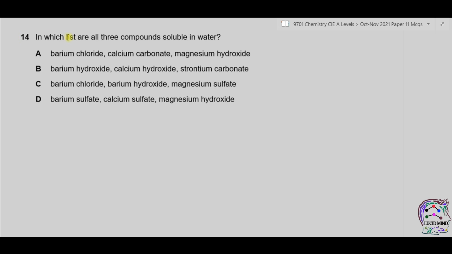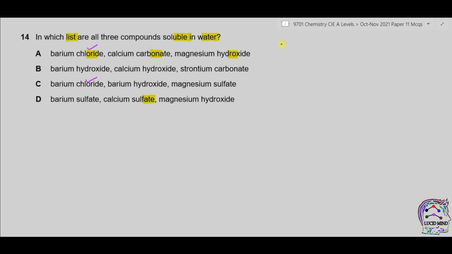Question 14. In which list are all three compounds soluble in water? We have chlorides, carbonates, hydroxides of group 2 elements, and sulfates. For chlorides, we know that all chlorides are soluble except silver chloride and lead chloride. So barium chloride is soluble.